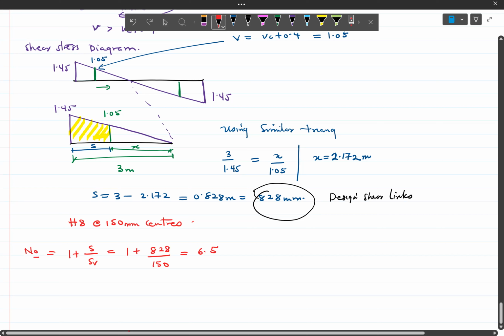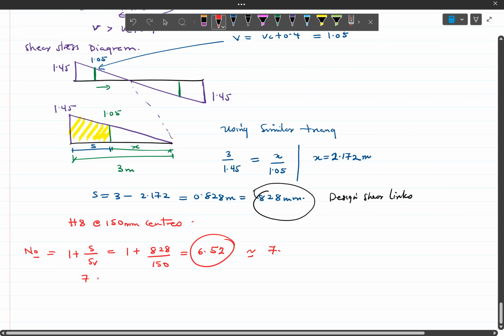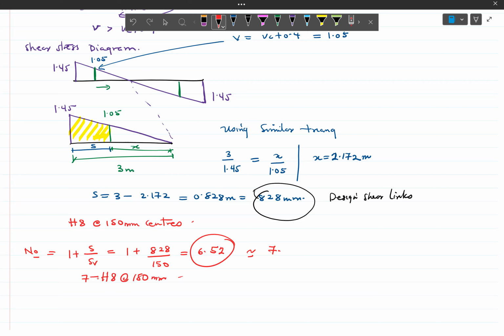Yeah, so 6.52. Okay. So since it's 6.52, then we have to approximate it to the nearest whole number, which is 7. So pretty much for that zone, we need 7H8, okay, at 150 millimeter centers. Okay.